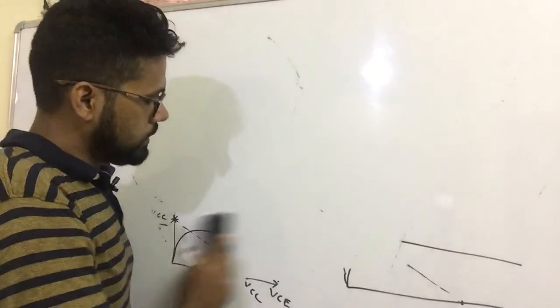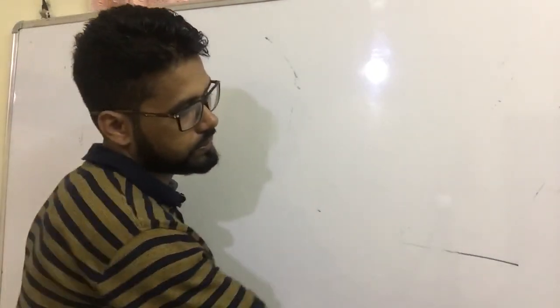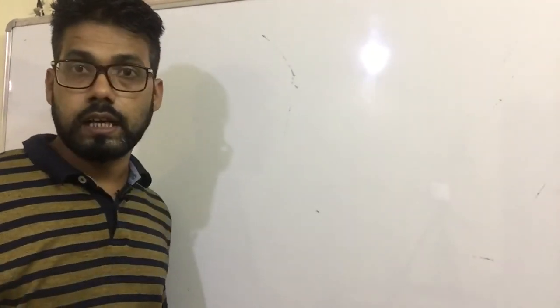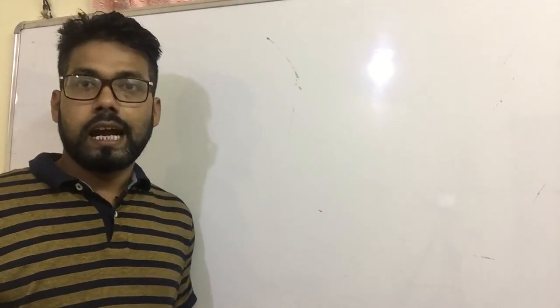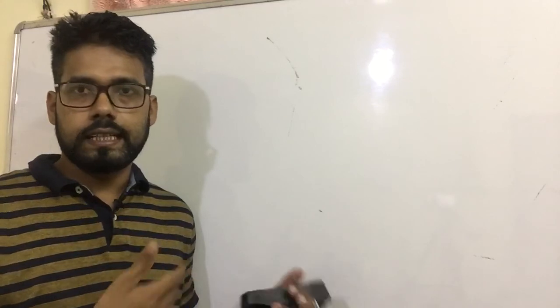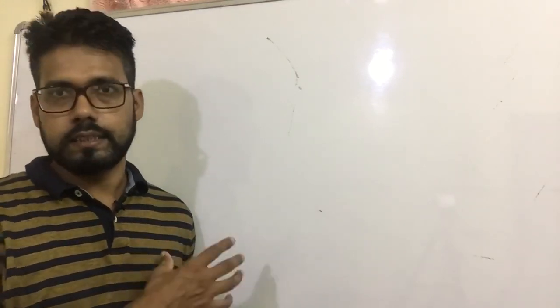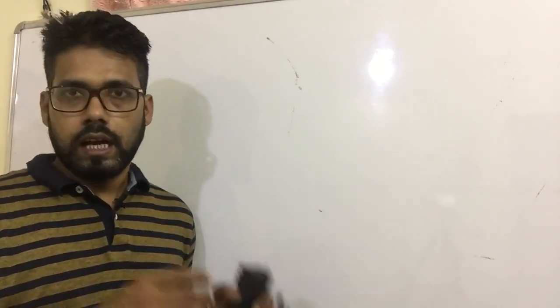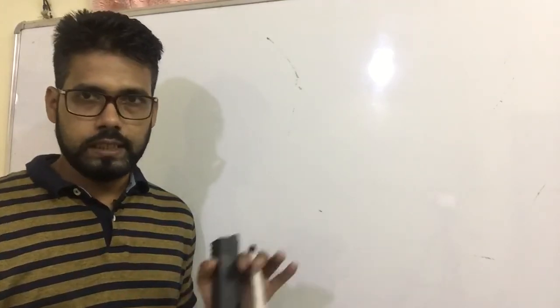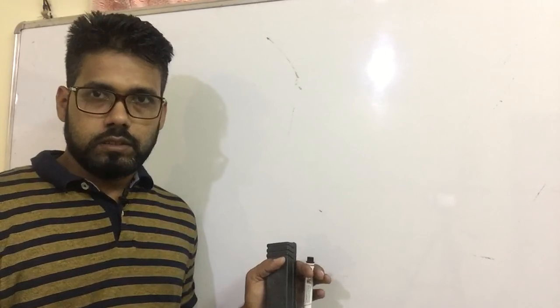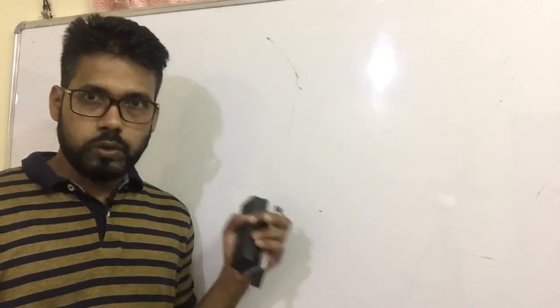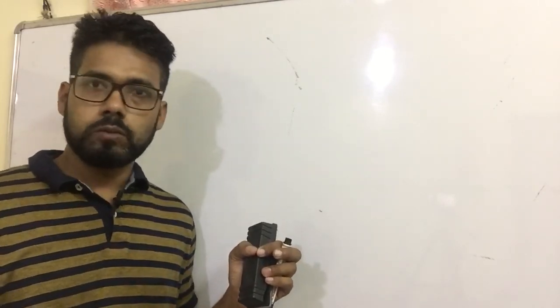After this portion I will move to the hybrid parameter model. Then using the hybrid parameter model, H parameter model, and RE model, I will analyze the circuit. I will give the numerical. Right now I am not focusing on the numerical. I want to introduce some basic concepts related to the transistor and various combinations of transistors, so that you can understand the basic points. After that we will move on to analysis.